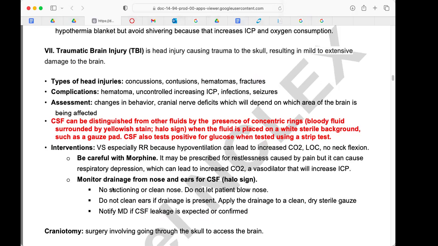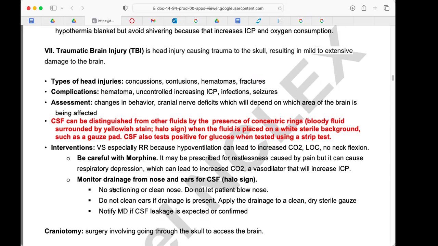Just imagine something jerked the body so much that the brain kind of hit the skull from the inside, and that caused the person to pass out. That's a concussion. A contusion is a bruise.